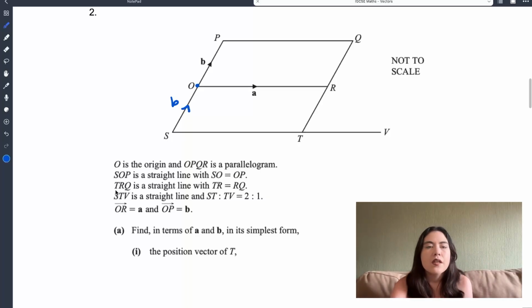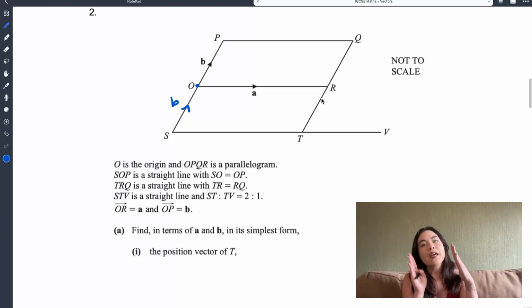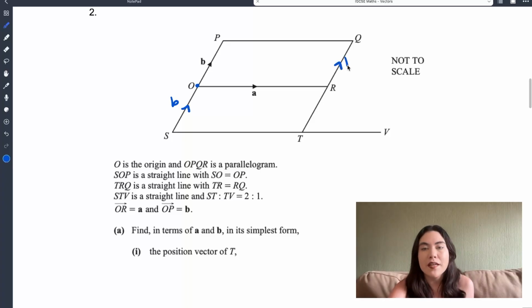All right. TRQ is a straight line with TR equaling RQ. So we've got TR equaling RQ. Now this is a parallelogram. Now, as we said in the previous question, the opposite sides are parallel. So that basically means that these two are also B. Okay?